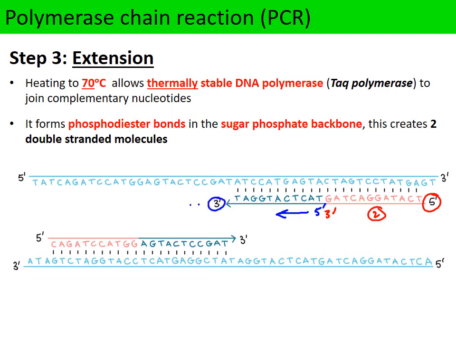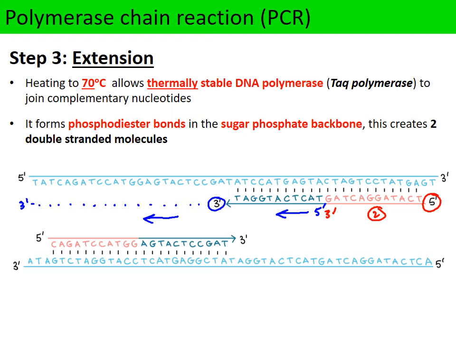So down here, where we've got the dotted lines, we would have DNA nucleotides that are complementary to the template strand. DNA polymerase thermostable would move from 5' to 3'. It would link together all these DNA nucleotides, form the sugar phosphate backbone, and we'd end up with the 3' end of the new strand on the left hand side.